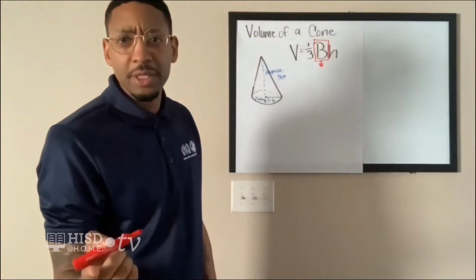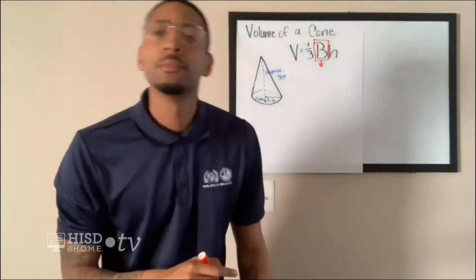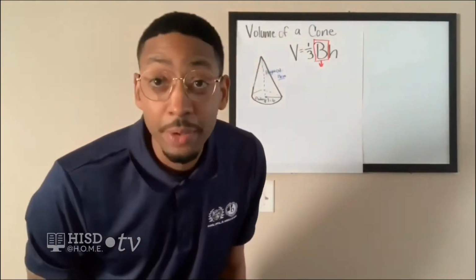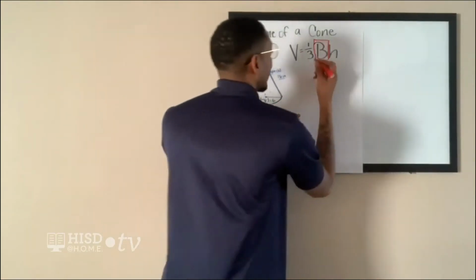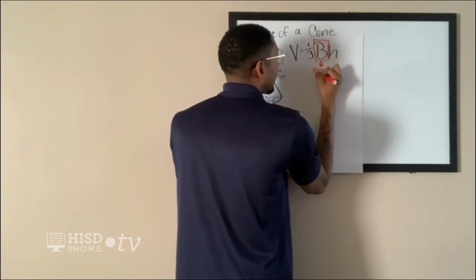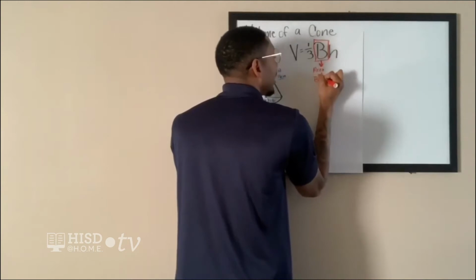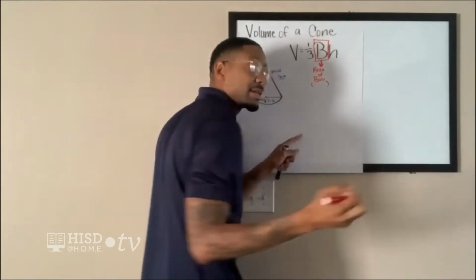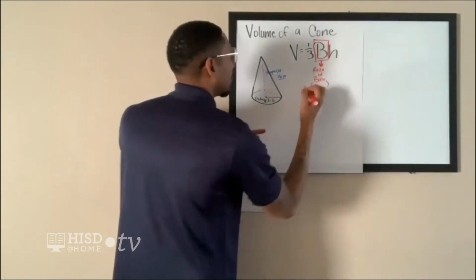Does anybody remember what the capital B means? Exactly. It means area of the base. Area of the base. And what shape is the base? Circle. I'm gonna write a circle here.